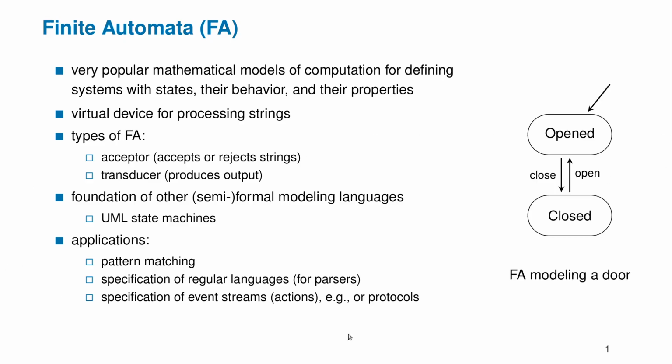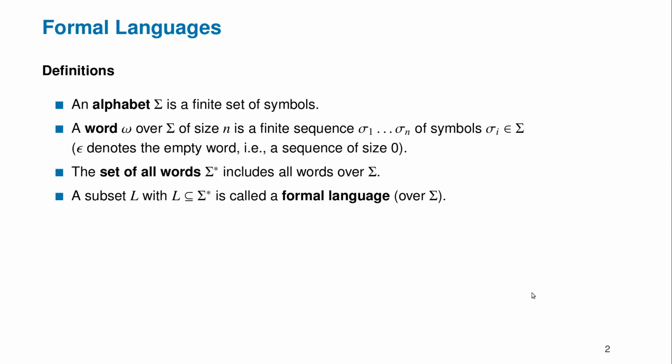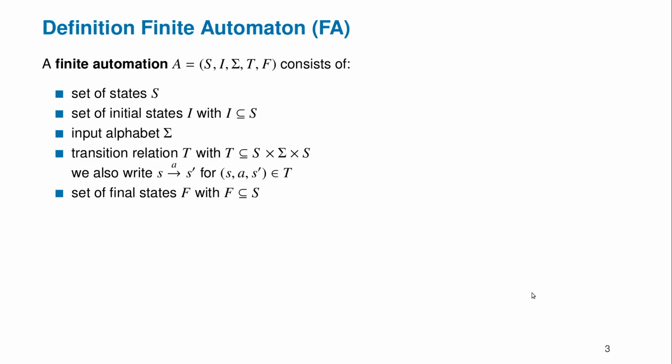Okay, so now let's have a look how a finite automaton is specified, and we have here the mathematical definition. A finite automaton is a tuple that consists of several elements, 5 elements. We have S, the set of states.